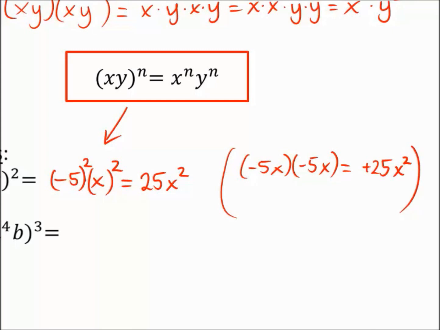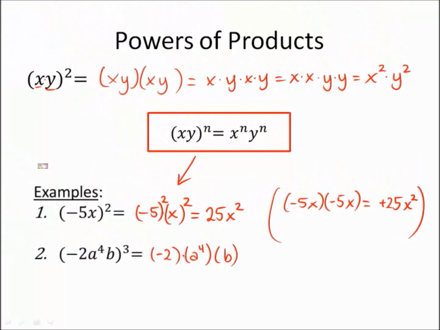Let's try this rule on this next example. Here we have these components. We have negative 2, a to the 4, and b. Notice I'm just separating them so that I know what all my things are. They're all being multiplied together. However, this bracket is being multiplied together 3 times. Therefore, each of these will be multiplied by themselves 3 times.